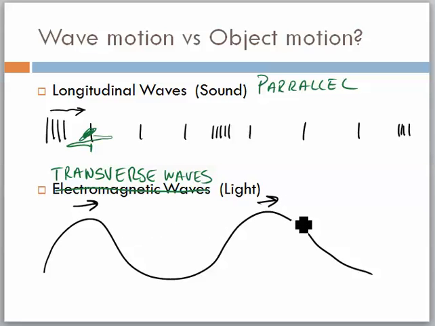So the wave is traveling to the right, but if I were to put a piece of tape, let's say right here, as this wave continues to travel to the right, and I'll just use these dotted lines right here to show what would be happening here. Let's try this again.